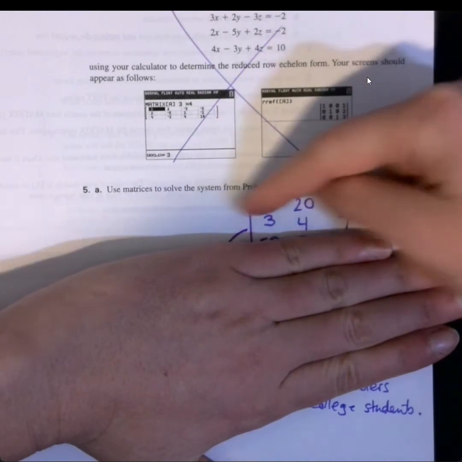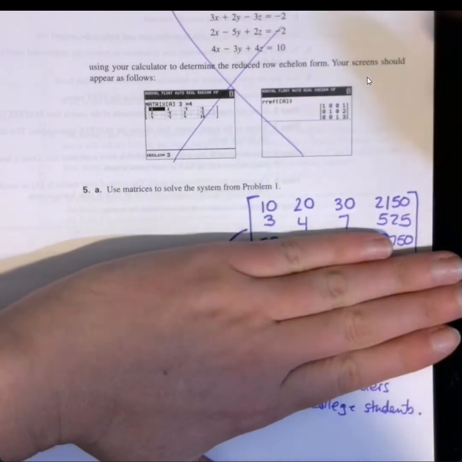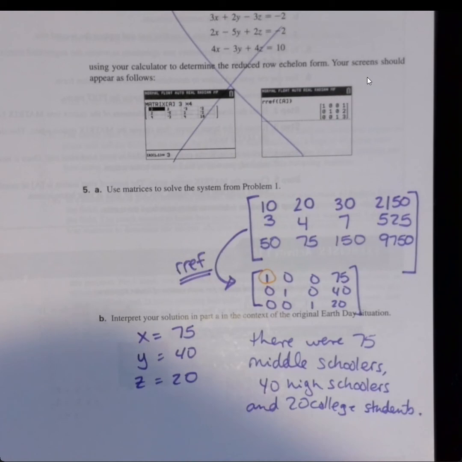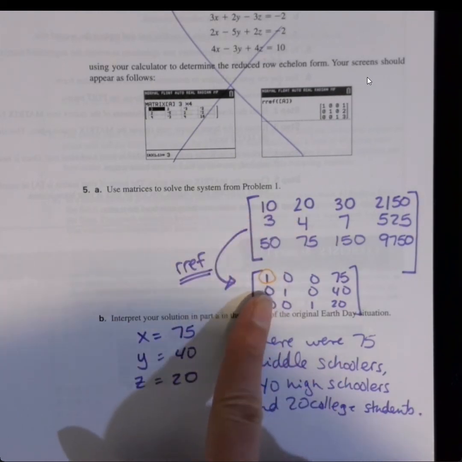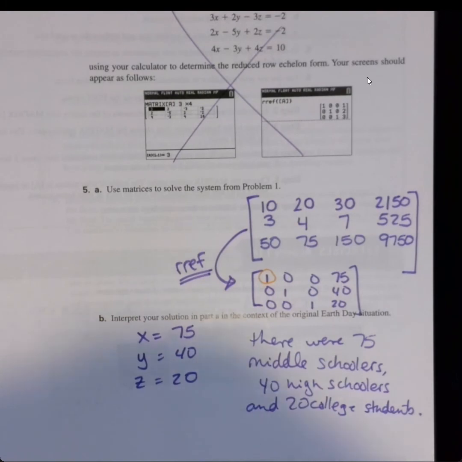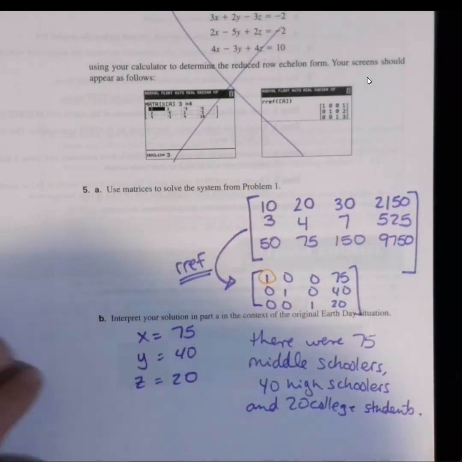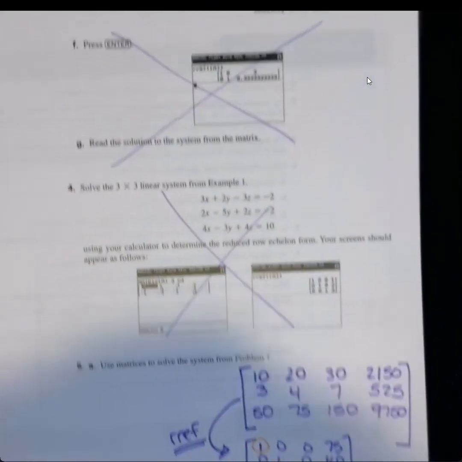I'd have to multiply the top one by 3, the bottom one by -10, add them up, and then 3 processes of elimination as we did in section 113. Matrices are a lot more efficient, and the technology is able to assist us. So it's certainly going to be our preferred method, I believe. But there is a little bit of a learning curve for how to enter the matrix and how to interpret the results. All right, well, that's actually all for this section.